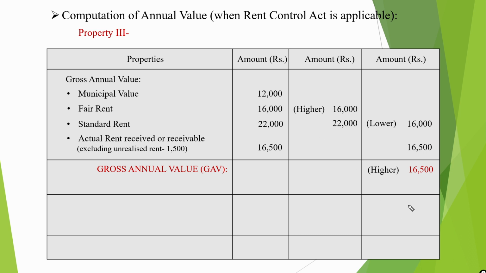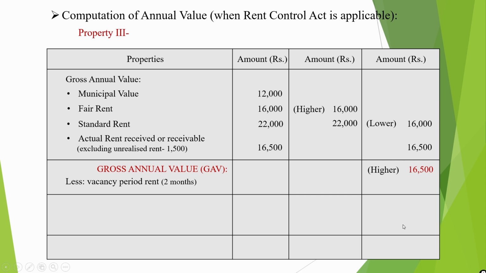Okay, now in case of house property 3, vacancy period is also given. We already saw that part. Now the vacancy period of 2 months is given in the problem, and in this case, the actual rent received or receivable 16,500 is equal to gross annual value.